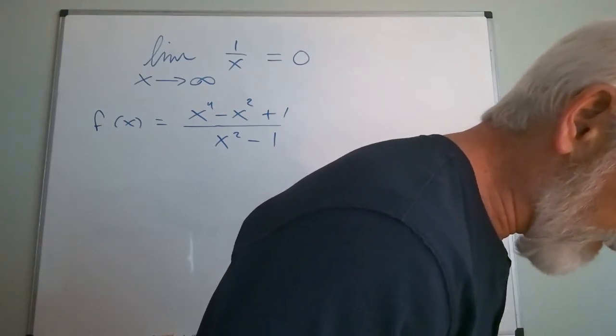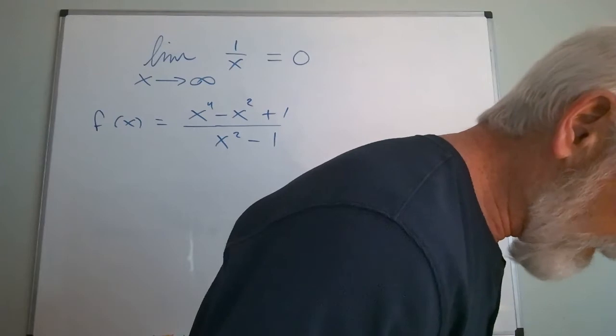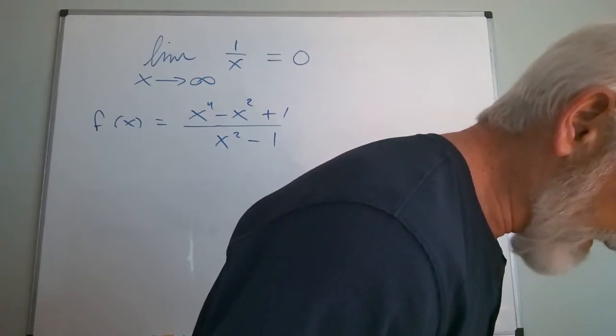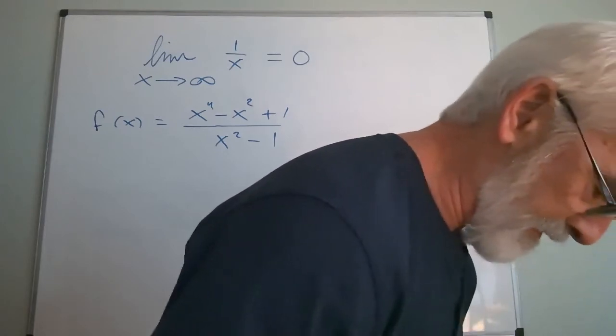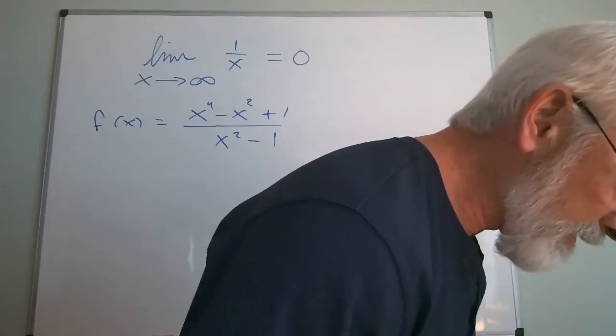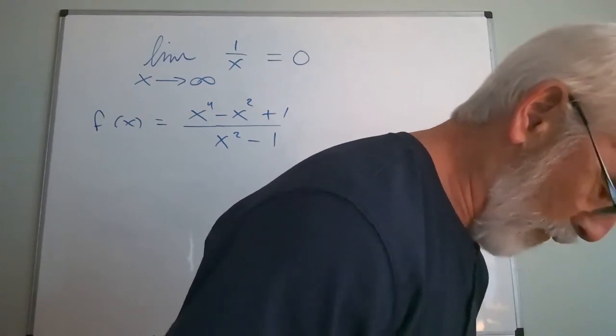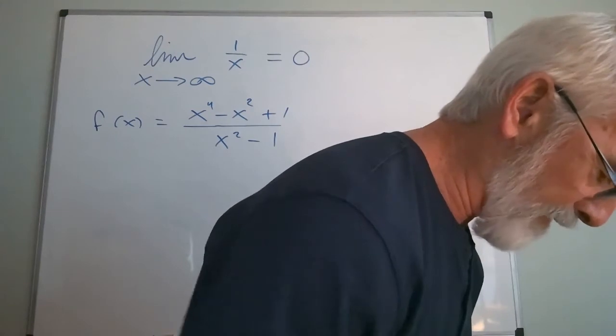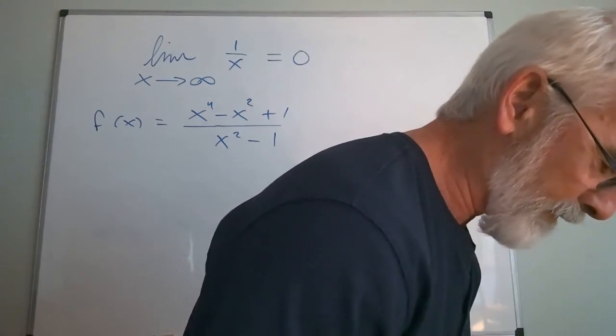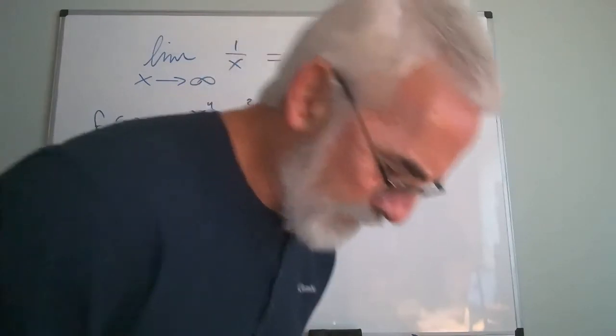And now let me do my window. I'm going to make my window -10 to 10 in both directions. By the way, the window you use is very, very important in general. Okay. Hold on. There we go.